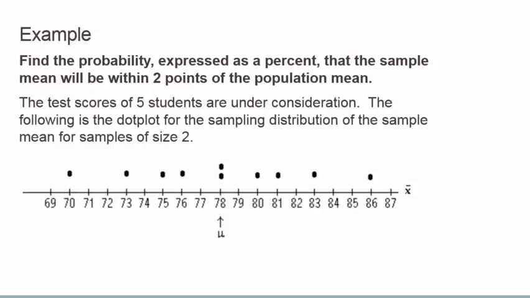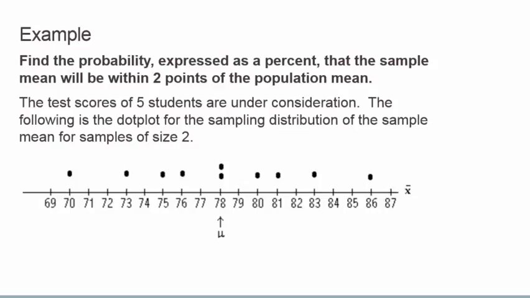Example: find the probability expressed as a percent that the sample mean will be within 2 points of the population mean. The test scores of 5 students are under consideration. The following is a dot plot for the sampling distribution of the sample mean for samples of size 2.